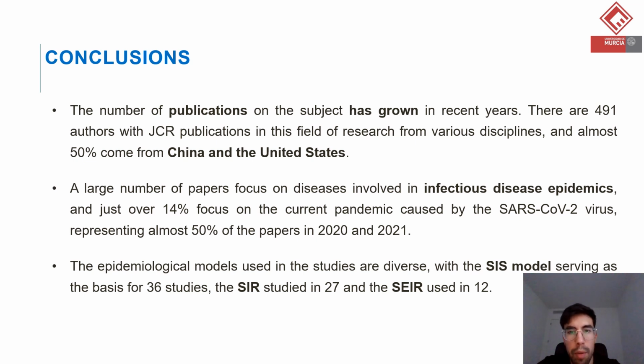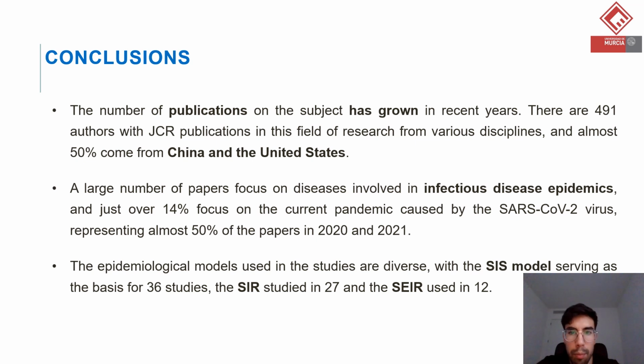A large number of papers focus on diseases involved in infectious disease epidemics, and just over 14% focus on the current pandemic caused by COVID-19, representing almost 50% of the papers in 2020 and 2021.